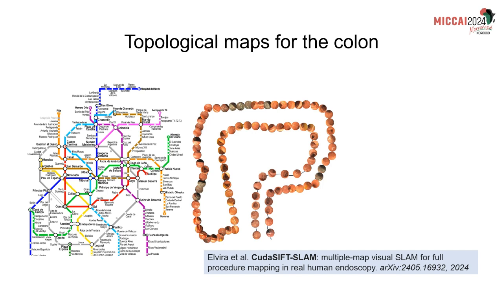Unfortunately, this does not fully represent the complexity of the procedure, and it is not able to build a single node for a colon location, but splits a lot of maps for the same colon location as it is not able to merge them.